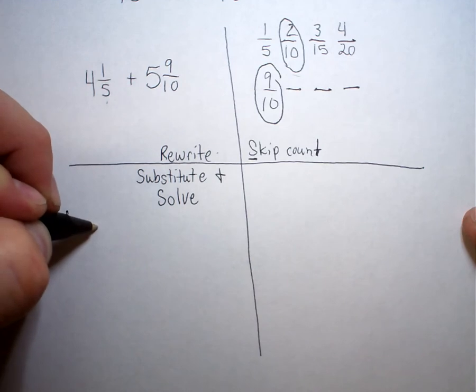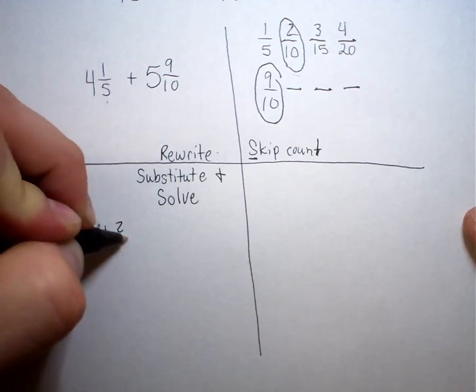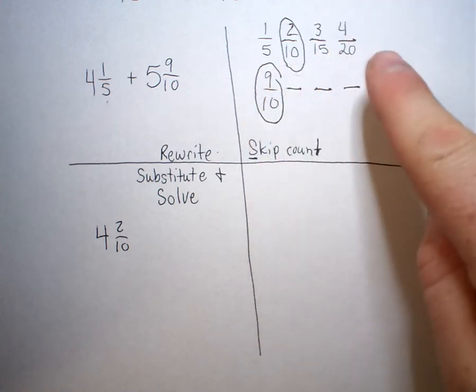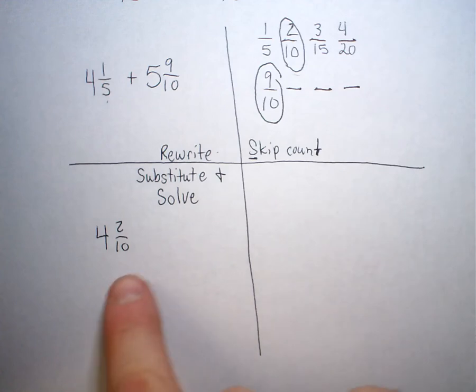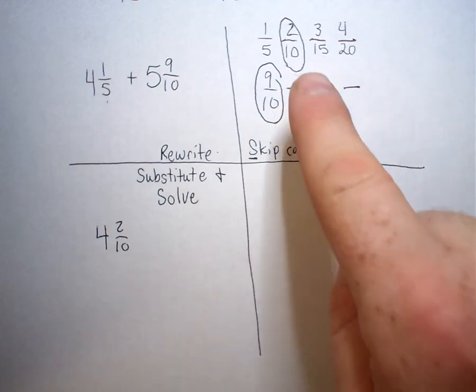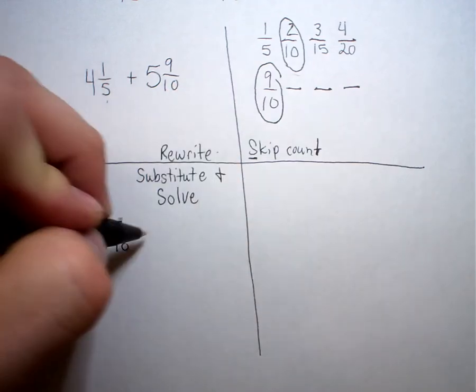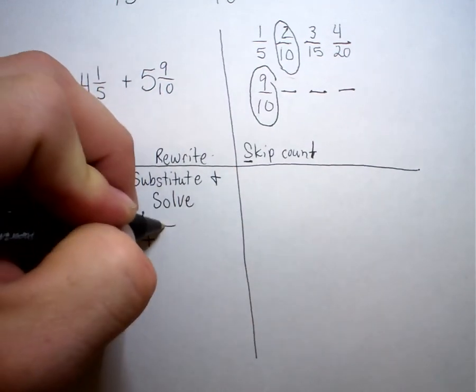So 4 1/5 becomes 4 2/10, because this fraction here is equivalent to 1/5. I could pick any of those 4 fractions and plug it in there, but I picked that one because the denominator matches the denominator for my other mixed number. So now you'll see in a moment we can solve this problem.